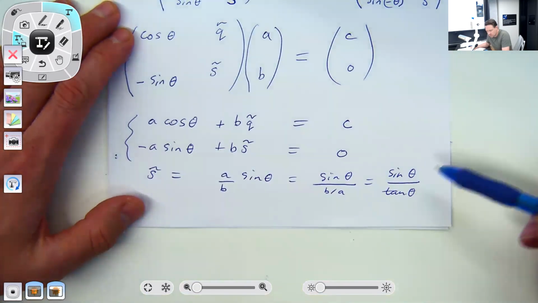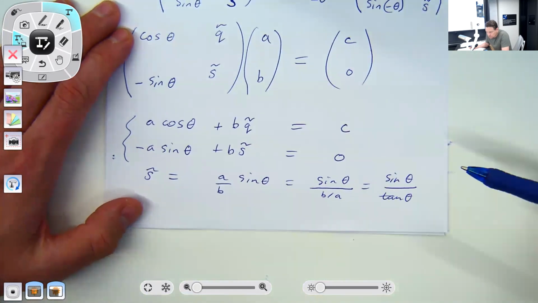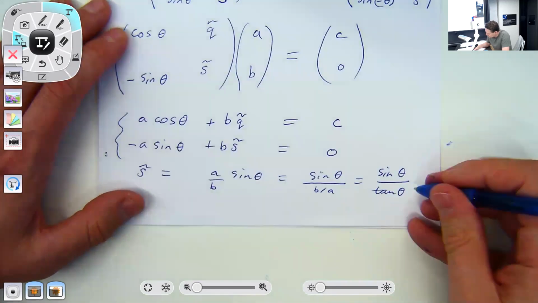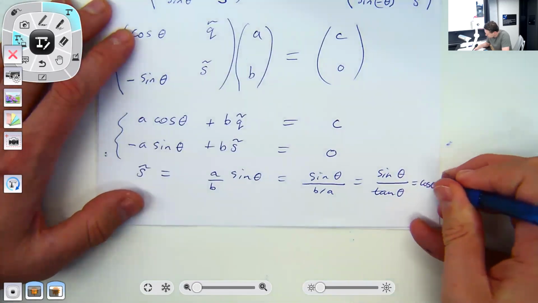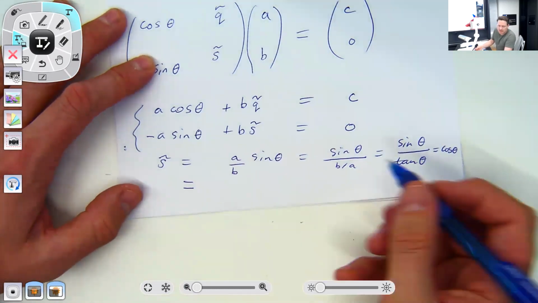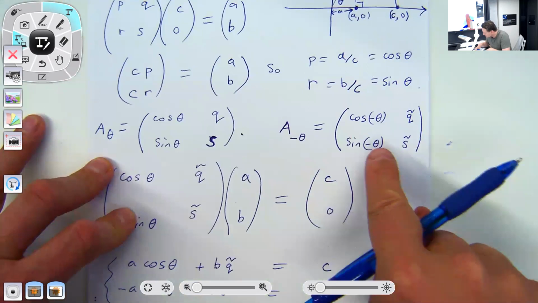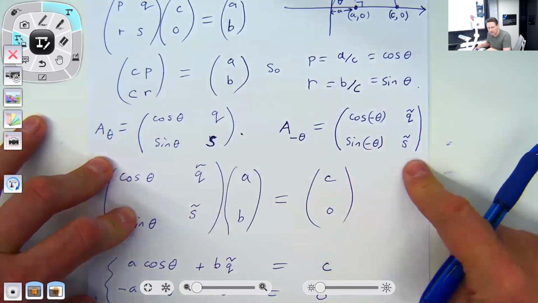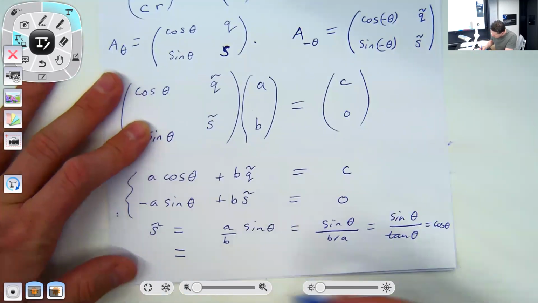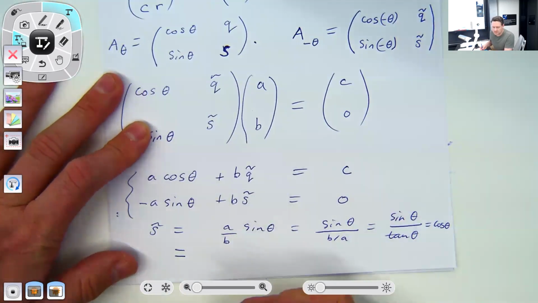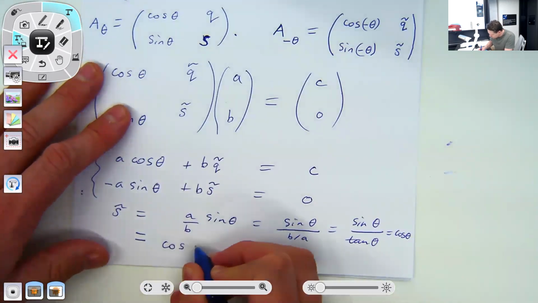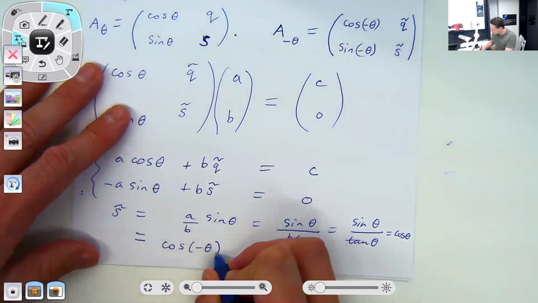So what we really have when we cancel the sine theta is 1 over 1 over cos theta, which is just cos theta. Okay, so in other words, s tilde is cos theta, but now I want to view it in terms of negative theta, right? So I want everything here in terms of minus theta. So I'll use the fact that cos is an even function and express this as cos of minus theta.